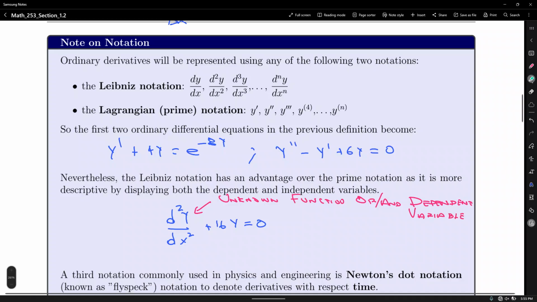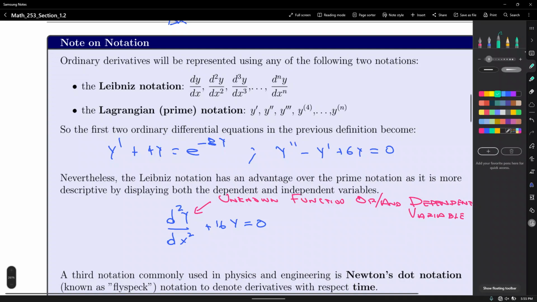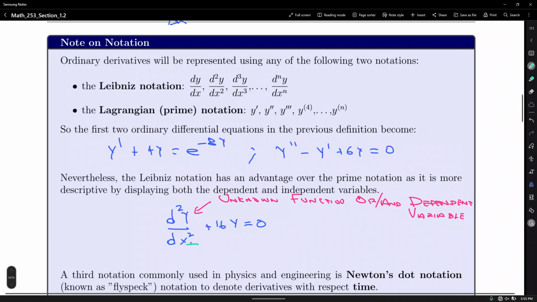While the letter or the variable you see in the denominator represents the independent variable. All right, so that's our independent variable.